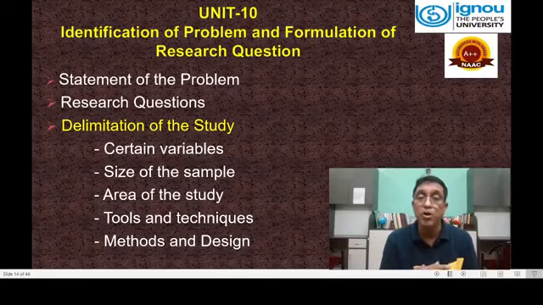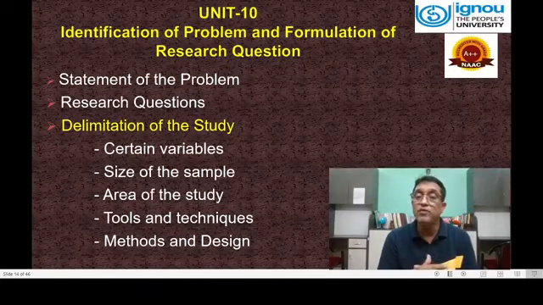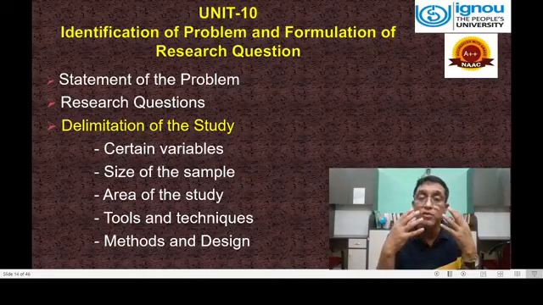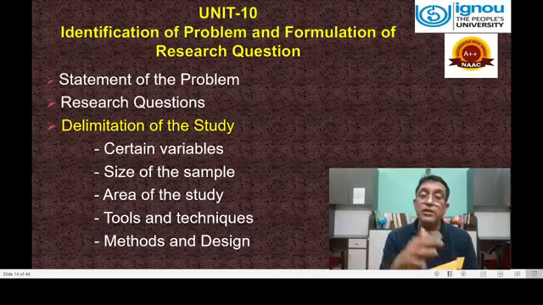Maybe within a few months. This is an academic research. You will get just a few months of time for conducting your study. So within 6 months or within 3 or 4 months, how do you do justice to your study? That's why you can delimit, you can bring certain limitations to your study in variables.